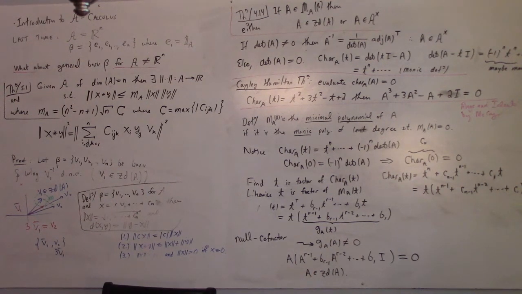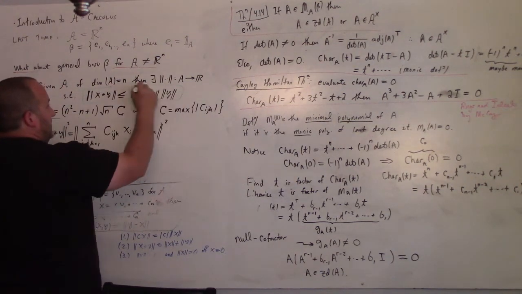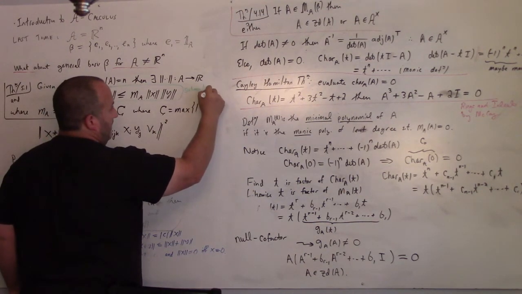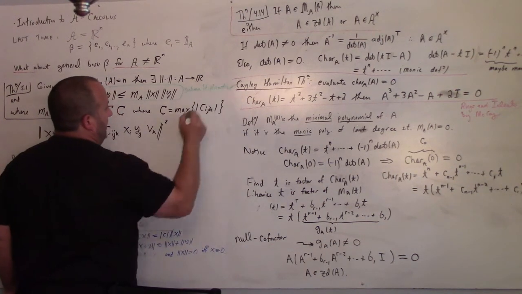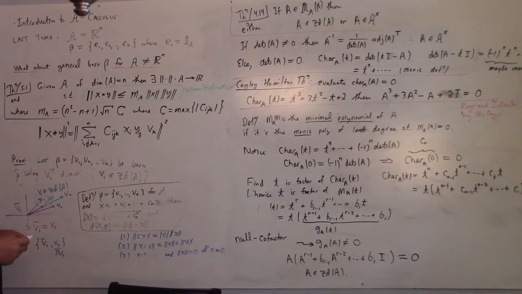So what this proves is that any n-dimensional associative algebra can be given a norm with respect to a given basis which makes the norm submultiplicative. This interrelation between the product and the norm, I call submultiplicative. I don't think I spelled that right. Submultiplicative. Okay.